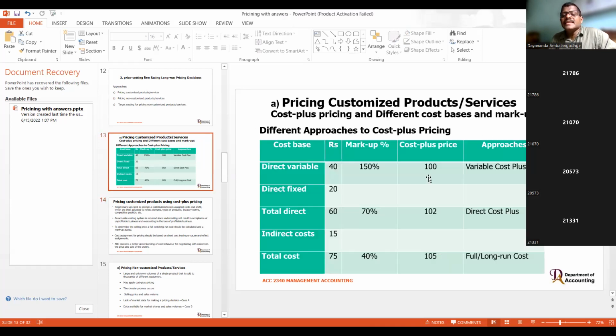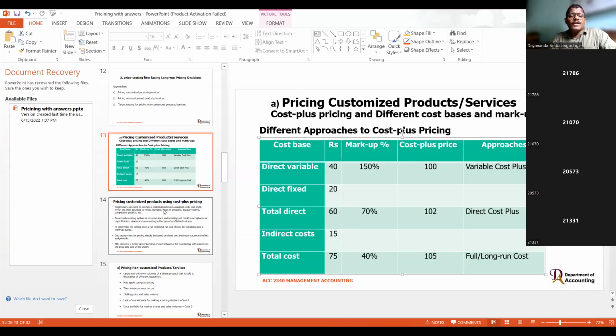Then if you feel that this 100 rupees is a little bit high when compared with market knowledge, customers' purchasing power or customers' value, then you will adjust this 100, 102 or 105 a little bit, either increase or decrease.